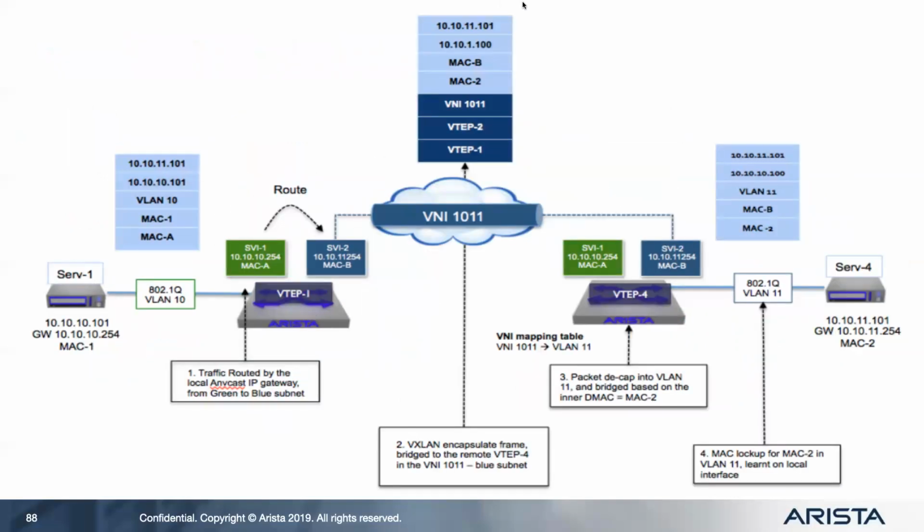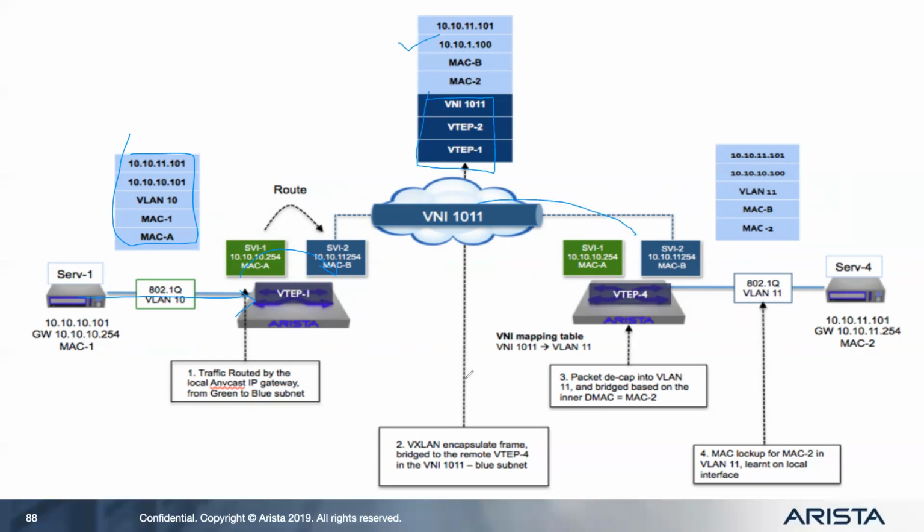The next is the same thing, but step by step. You send the packet to the gateway, and the traffic is routed by the local Anycast IP gateway from green to blue, with the MAC and all the information. You encapsulate the packet with outer header information on top of the original packet.